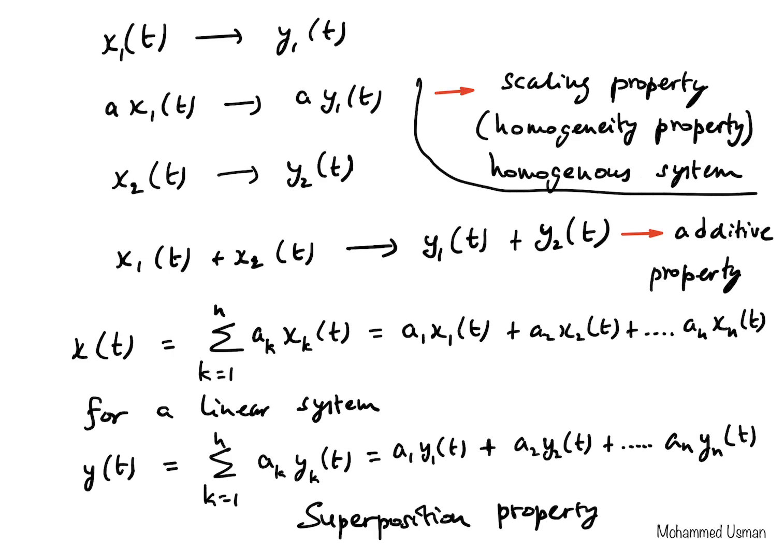Okay, I will stop here for today and continue my discussion on linear systems in the next lecture, where we will give some examples. This is the last topic of the first chapter, and we'll be using all these concepts in our next chapter, which deals with linear time-invariant systems.